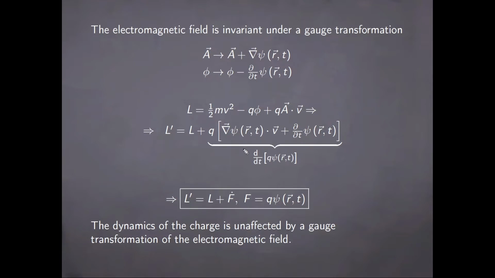But this is just the total time derivative of q times psi. So in effect, I have obtained a Lagrangian L prime equal to the original Lagrangian L plus the time derivative of a gauge function. The conclusion is that the dynamics of the charge is unaffected by a gauge transformation of the electromagnetic field, because as we've already seen, this transformation of the Lagrangian leaves the equations of motion invariant.